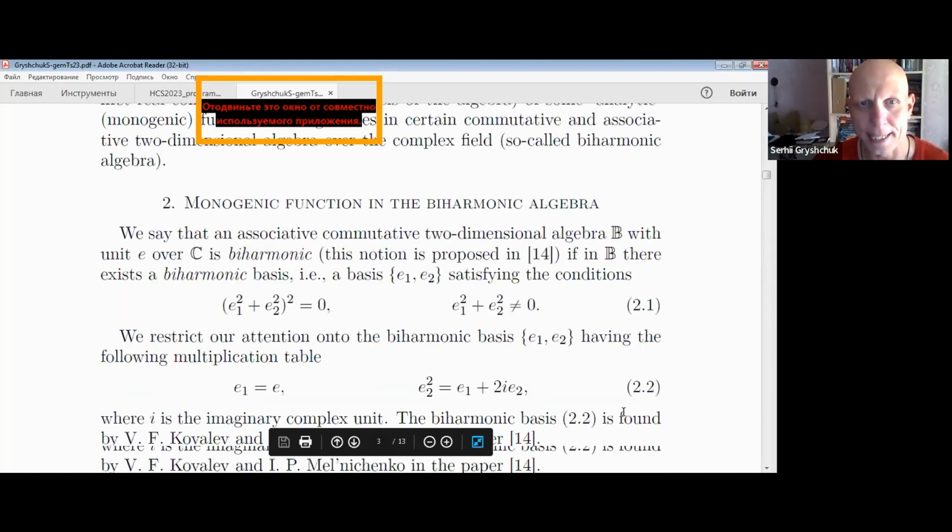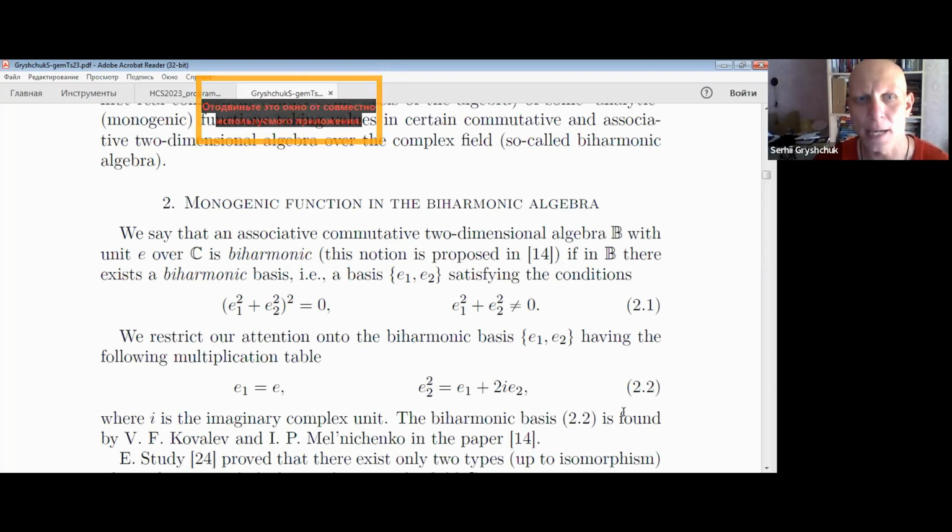We say that an associative commutative two-dimensional algebra B with unit E over the complex field C is biharmonic. This notion was proposed by Kiev mathematicians Kovalov and Melnichenko in 1981.